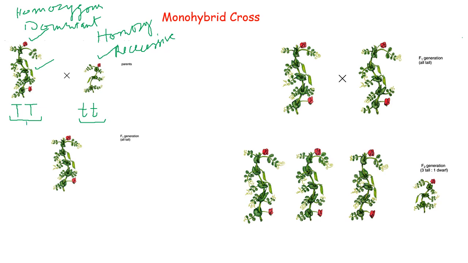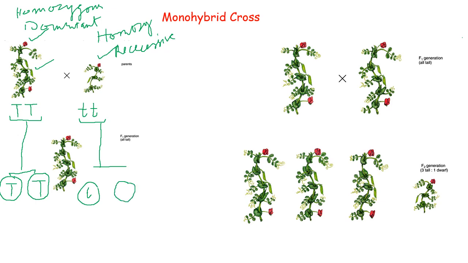The law of segregation says that these two alleles will separate during meiosis. As the gametes are formed, capital T and capital T will move to different gametes. Very important. Again, in case of the dwarf plant, the two alleles, small t and small t, which control the dwarfness of the plant, will move to different gametes.